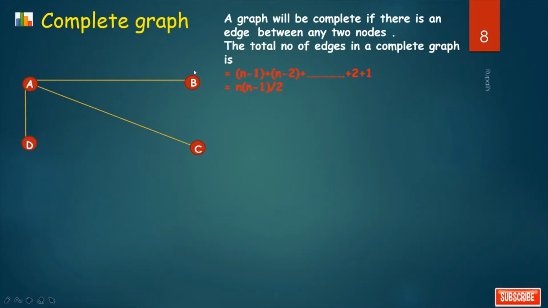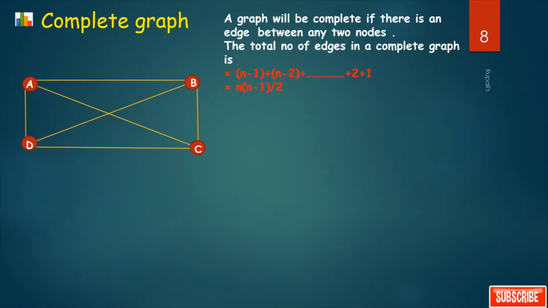And for B node, there should be one connection from B to A, B to C and B to D. B to A is already connected, so two edges are required, for B to C and B to D. And for C node, B to C and A to C are already connected, so only one edge is required from C to D. And for D node, all connections are done.